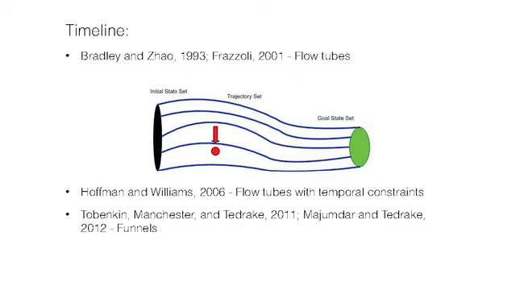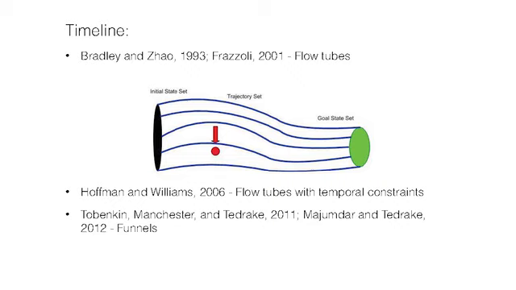Earlier, Bradley, Zhao, and Fraser came up with this concept called flow tubes. It's a way of representing reach sets, and you will learn more about this later from Gerardo. What a flow tube basically is: you have a set of initial states and a set of goal states, and the flow tube is a combination of all the possible paths that can take you from any point in the initial set to any point in the goal set.